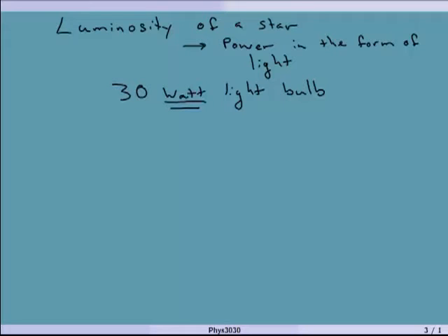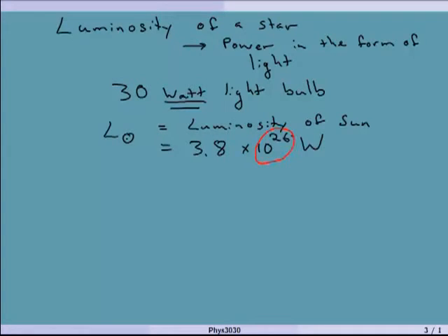And we will often compare things to the luminosity of the sun. This is L sub dot, the luminosity of the sun. Just to be able to compare, the luminosity of the sun is 3.8 times 10 to the 26 watts, which is roughly about 10 to the 26th light bulbs, which is a lot of light bulbs, which is good because that's what we need the sun for.